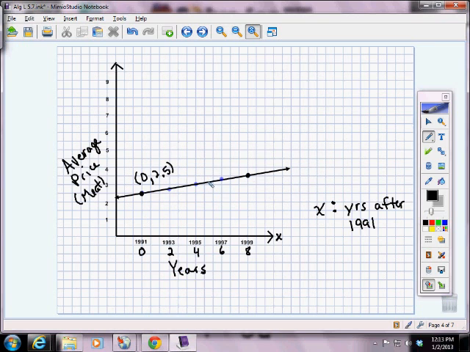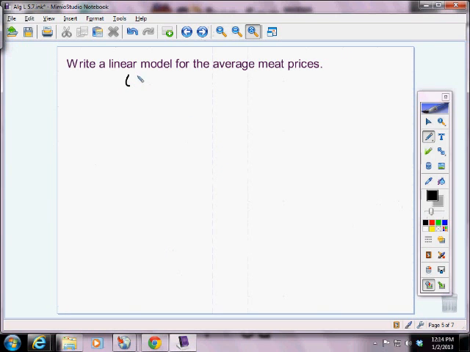Again, you could use any of these. You could use something that falls in the middle if you wanted. Doesn't matter. I'm going to use the point 8, because 1999 was 8 years after 1991, and that is at 3.5. I guess we're talking about dollars here. So now we're going to use these 2 points to write an equation.